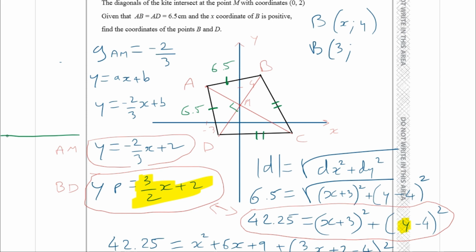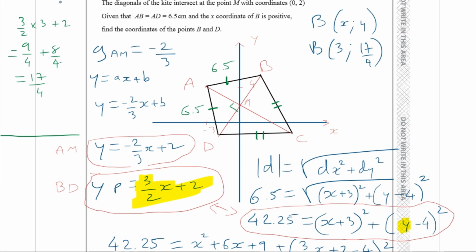So 3 over 2 times 3 plus 2 is going to give us the y coordinate, which is 9 over 4 plus 8 over 4, since 2 is 8 over 4, which is going to give you 17 over 4. So B has coordinates 3, 17 over 4.